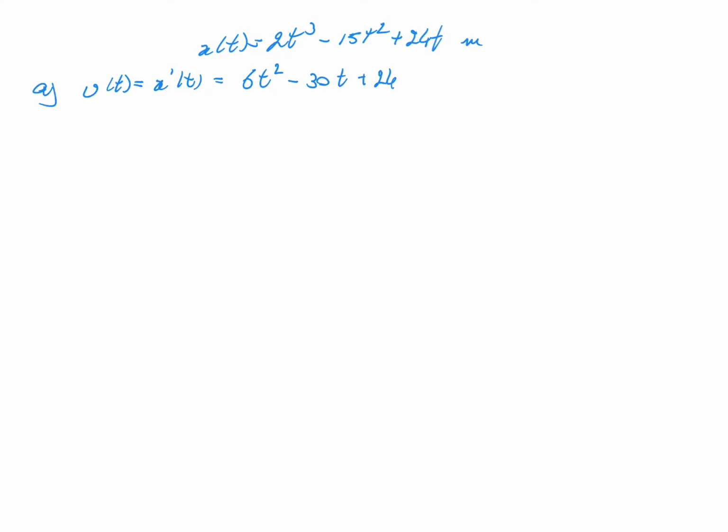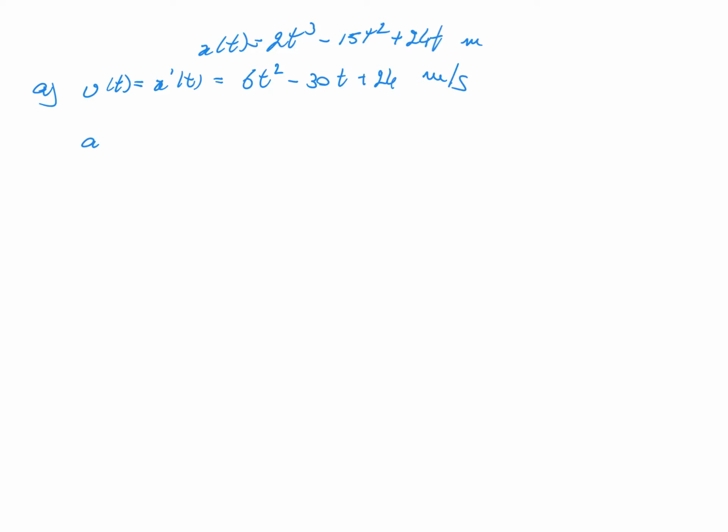So recall the equation: x of t was 2t^3 minus 15t^2 plus 24t meters. To find the velocity, we just have to derive this expression. So v of t is x prime of t, which is 6t^2 minus 30t plus 24 meters per second.